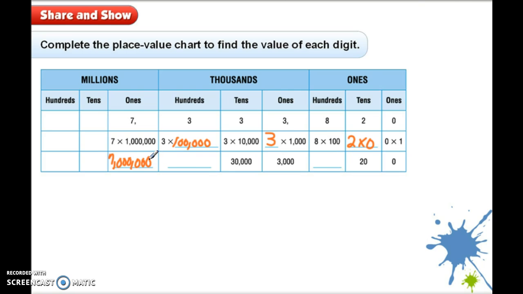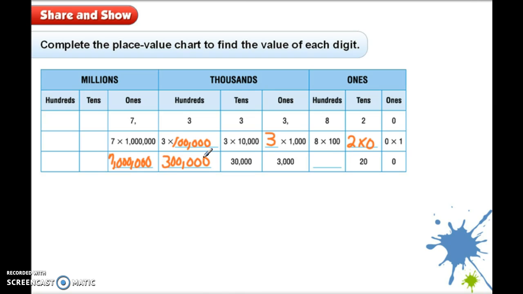And Morgan, what is 3 times 100,000? 300,000. Okay, and they did the 30,000 and the 3,000. Okay.